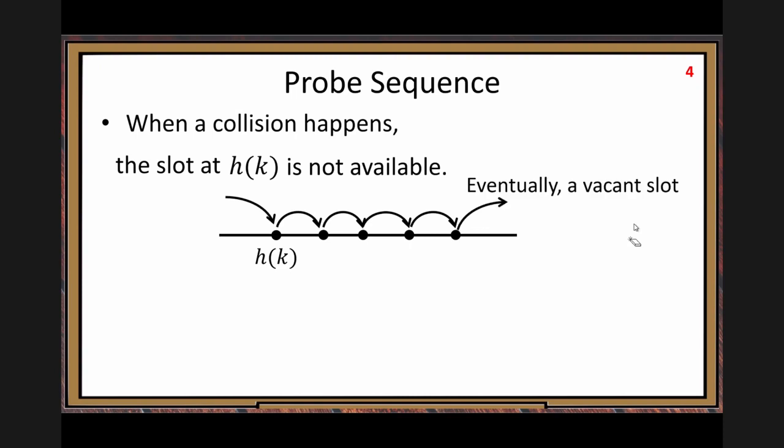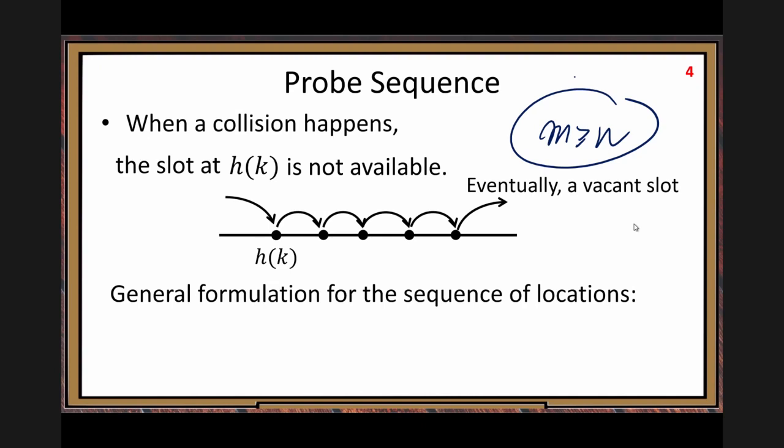Eventually, you find a vacant slot, because n is greater than or equal to the number of elements. For any element, you can eventually find a location in this way. That's the simplest, most straightforward way to resolve the hash collision.